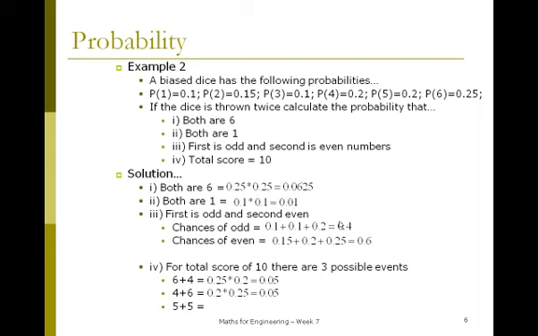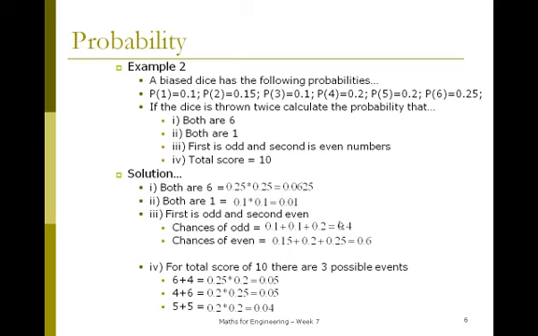So lastly, the probability of landing on position 5 of the dice is 0.2. So the probability of landing on the 5 and then the 5 again will be 0.2 multiplied by 0.2, which is equal to 0.04. So there we have the probabilities of each one of those three individual cases.